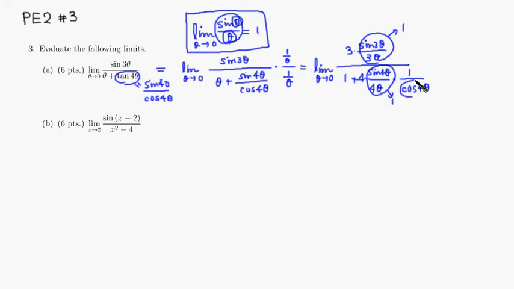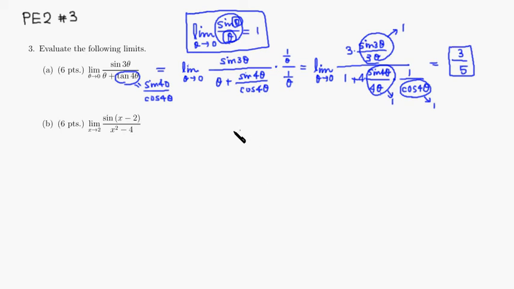Cosine of 4 theta approaches cosine of 0, which is 1. Therefore you get 3 times 1, so 3 on top, then 1 plus 4 times 1 times 1 over 1, so basically 1 plus 4. So 3/5 is the limit of part A.